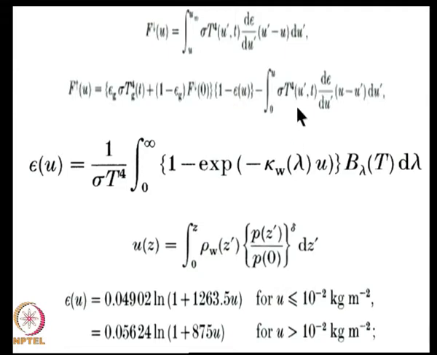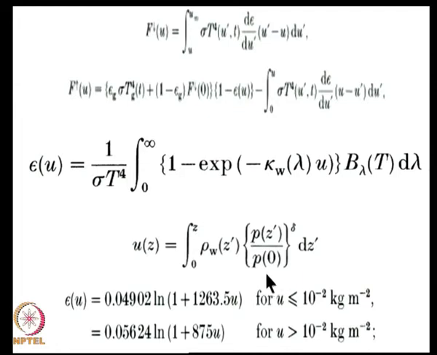And this is the emission by all layers between surface and the level u, where emissivity is as usually defined in the traditional way. See a small difference in the way the pathline is defined. The pathline is defined as rho water vapor times dz. We also have added what is known as scaling approximation. In the Earth's atmosphere, pressure does decrease with height, total pressure.